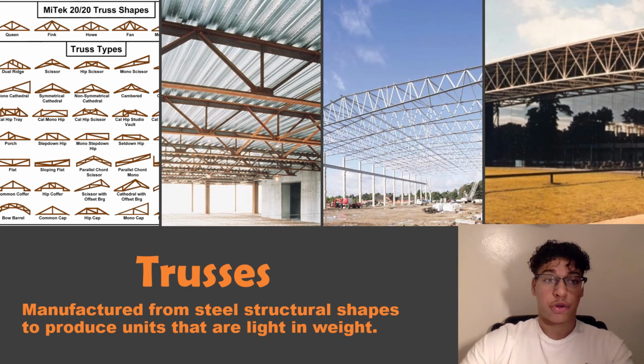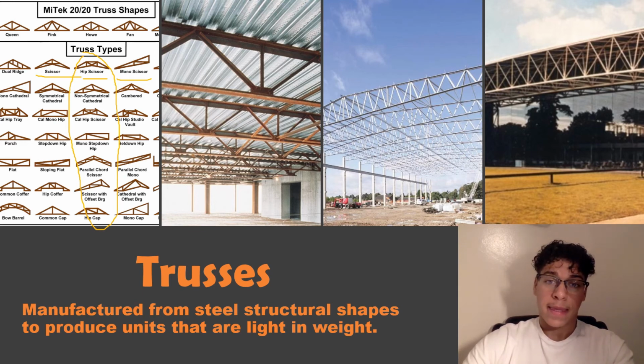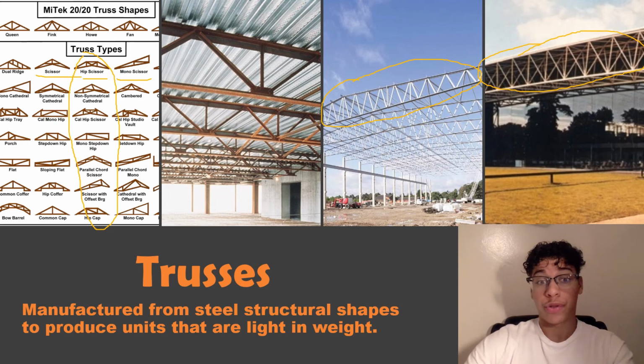And trusses have many different designs that you can use, like hip scissors or scissors. And these are all the examples that we might see in how the trusses are placed or used.